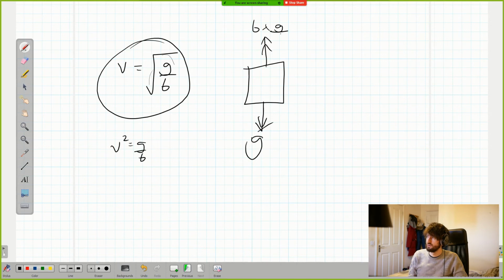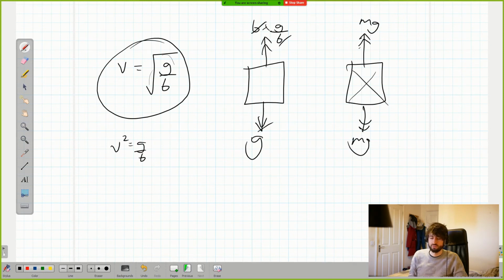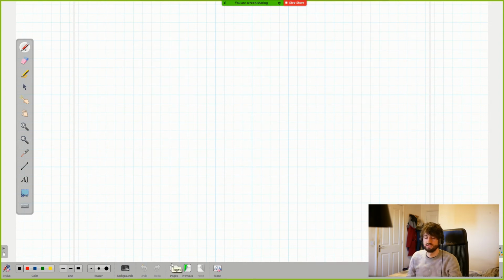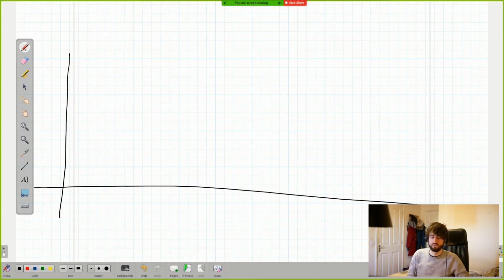B times g over b, these b's will cancel, and you're eventually going to end up with this force up being mg, and this force down being mg. And now, hey, we're in equilibrium, and that means we are falling at terminal velocity, which means our velocity is not going up. We're not accelerating anymore. We can't.